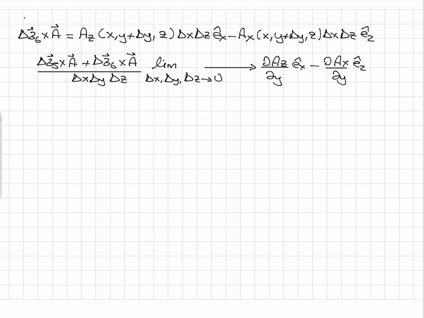Why? Because the delta x delta z's cancel. I'm left with delta y, which gives me this derivative with respect to y.